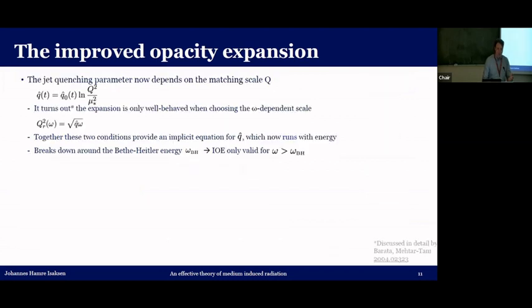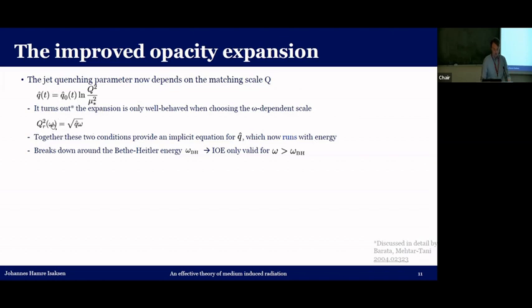So a little bit more about the improved opacity expansion. In the last slide, you saw q hat, and it's written in terms of this matching scale Q that you need to introduce to get to the improved opacity expansion. And so the question is, how do you actually choose this Q? Well, in a paper by Joao and Yassine, they show that you have to choose it in this way.